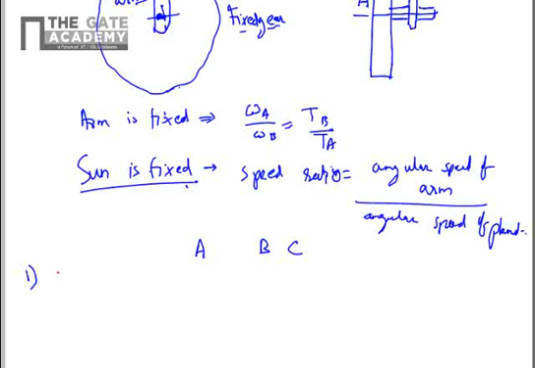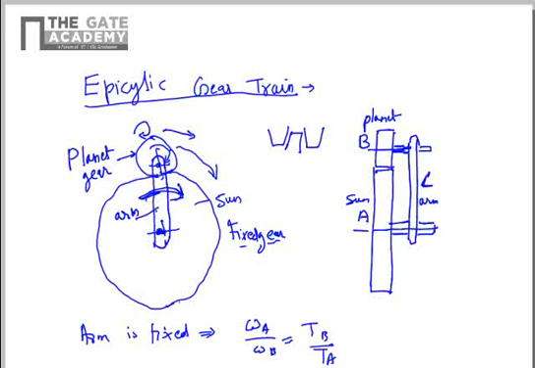The first step is to revolve all gears clockwise, that is positive 1, one revolution, plus 1 revolution clockwise. In this case, there is no relative movement between any gear, sun or planet.